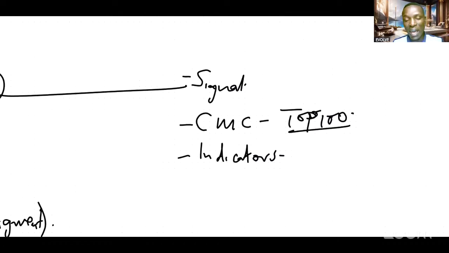So indicators are 3. We have KDJ, MACD, and RSI. All right, they all work differently, so you can choose for yourself. You enter the market using indicators.